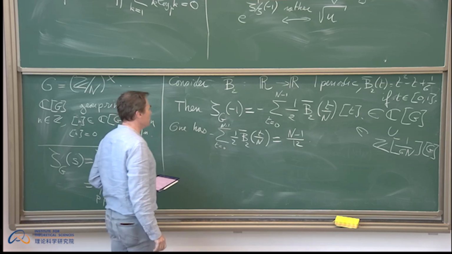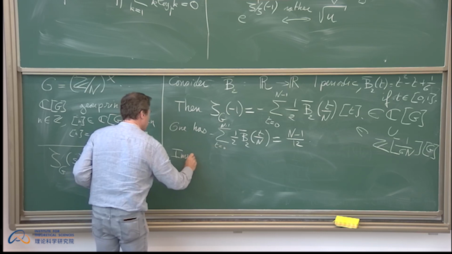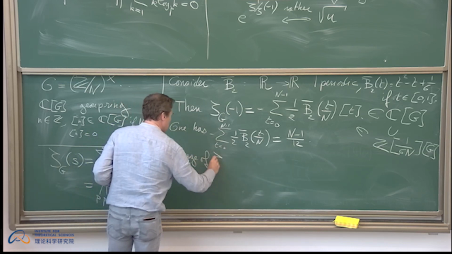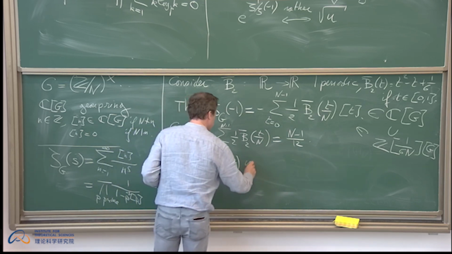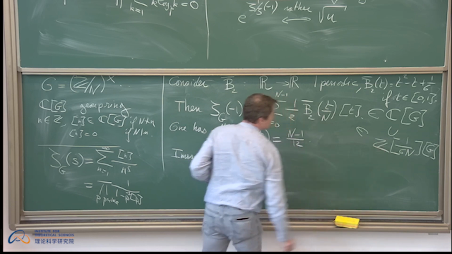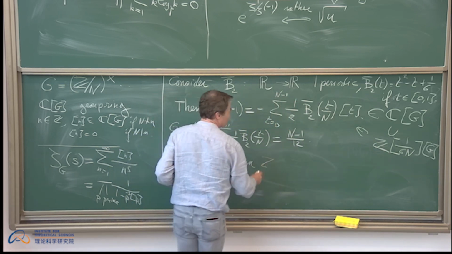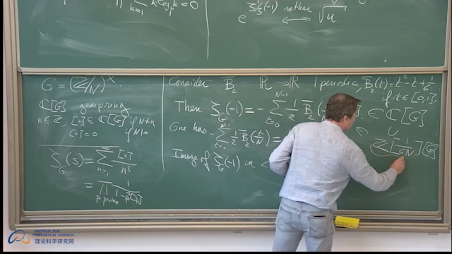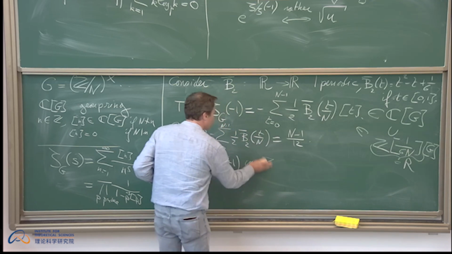Yes, you can take the image now of zeta G of minus 1 in. You take the ideal which is generated by n minus 1. Well, let's call this R, R n minus 1.